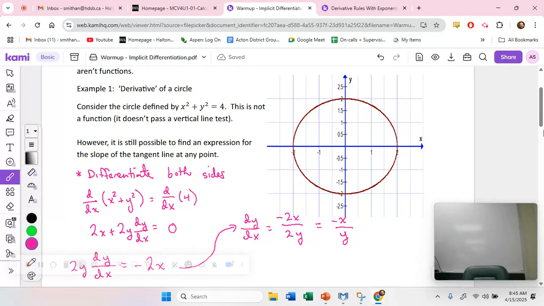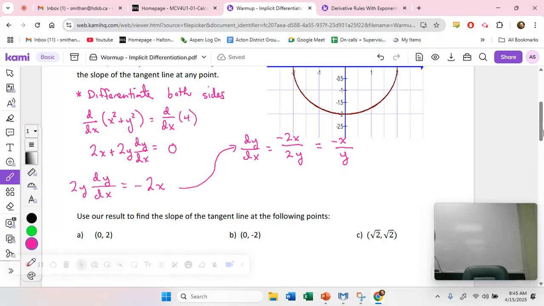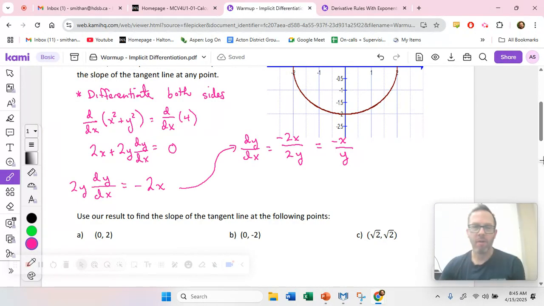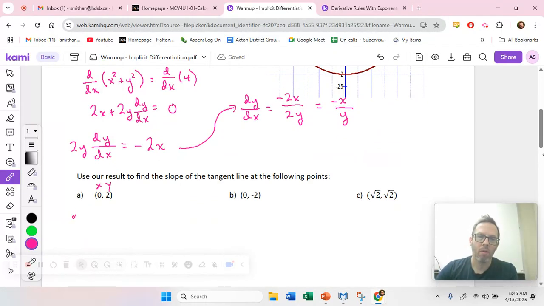Let's take this for a spin. Let's see if it actually works. So try out our formula for the point 0, 2. So x is 0, y is 2. What is the derivative for this circle? So dy by dx, or the slope of the tangent line, would be equal to the negative of 0 divided by 2, which is just 0.